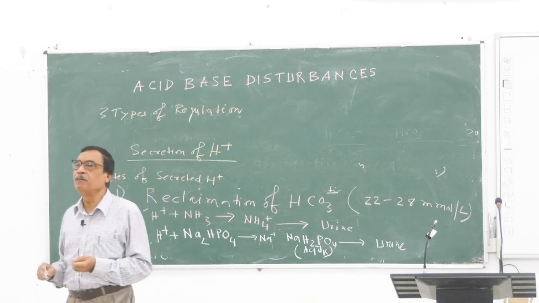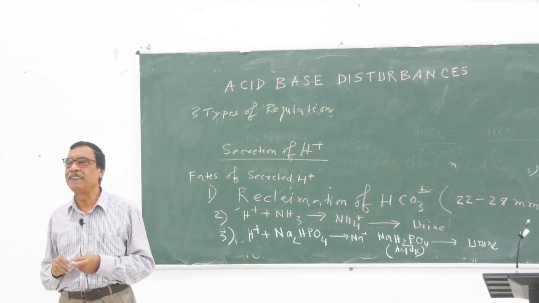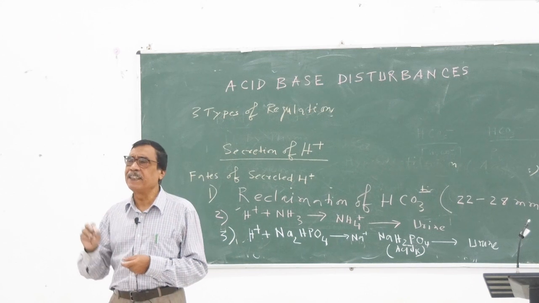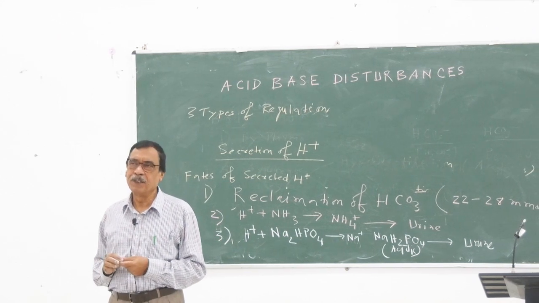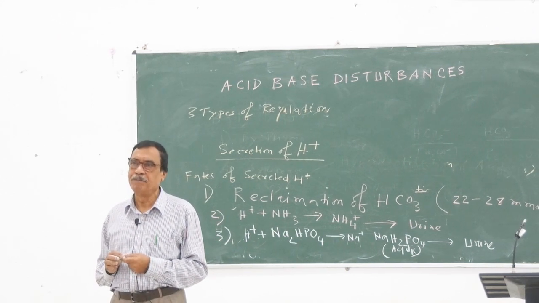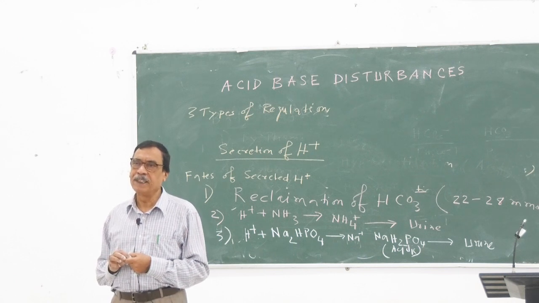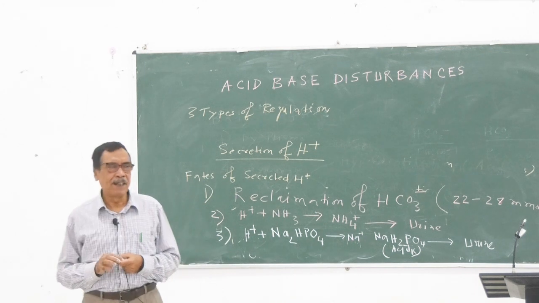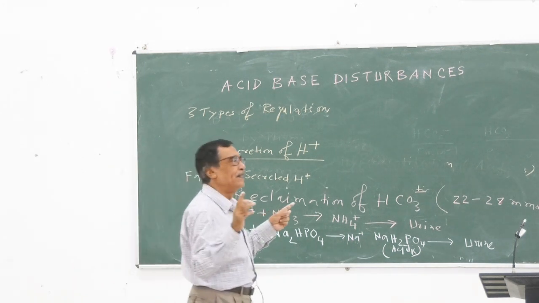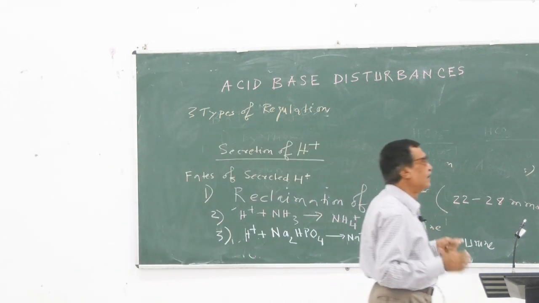Normal urine pH is 6.0. It is acidic. Normal blood is slightly alkaline, 7.35 to 7.45. It is in the range of alkalinity. But urine pH is acidic. But there is a greater range, greater than the blood range.